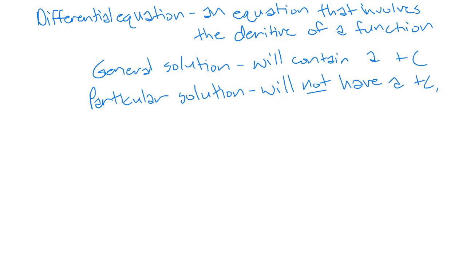Instead, you will solve for c based on other criteria. Usually they'll give you a point on the function and say, here's the point that we're looking at, and you use that to work backwards to find your c.